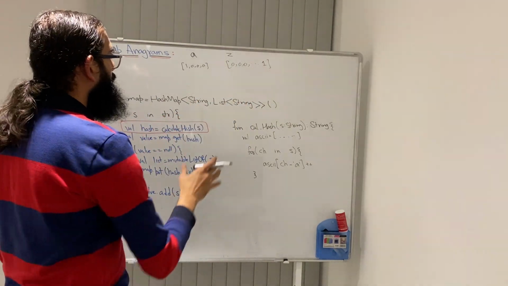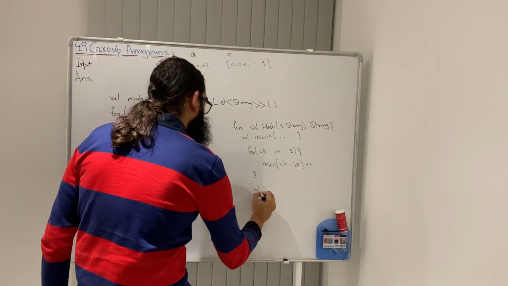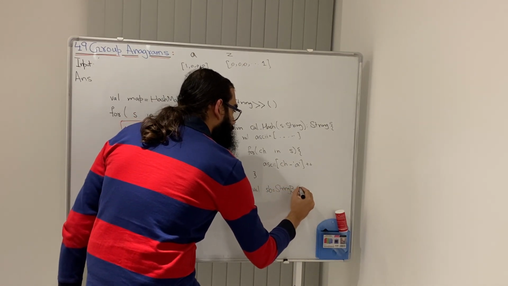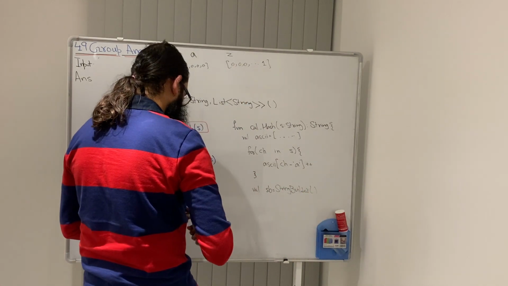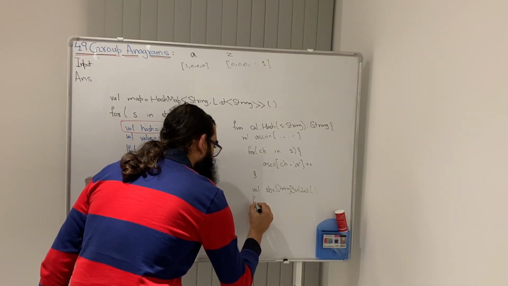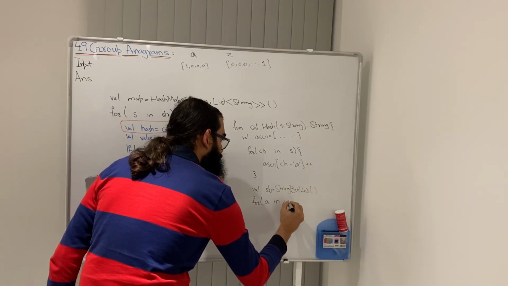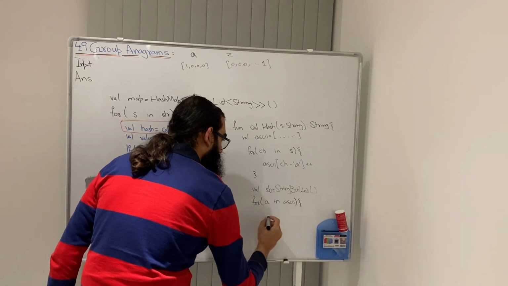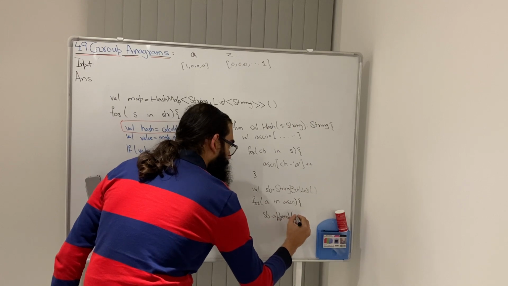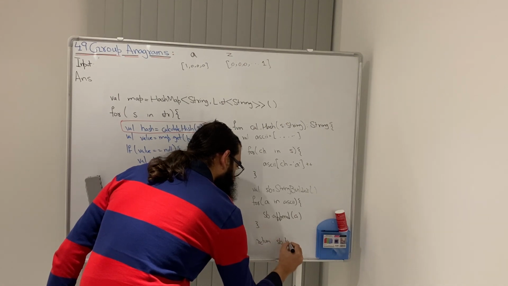I can send this as a string simply by making a string builder, SB. I will run a loop on ASCII, so I will say A in ASCII, sb dot append A, and then return sb dot toString.